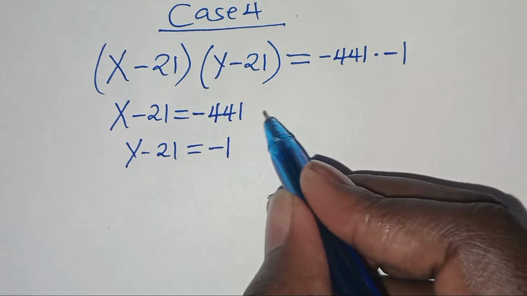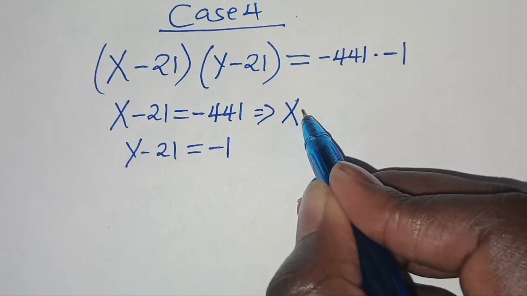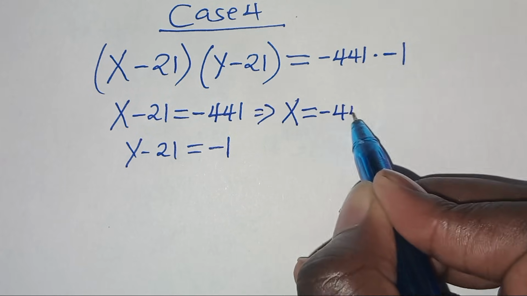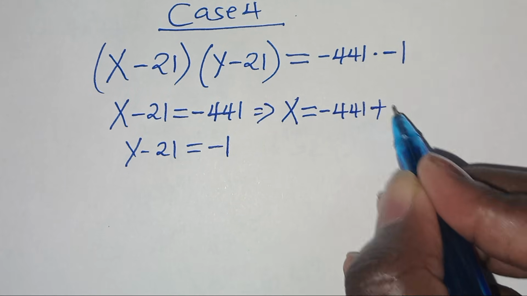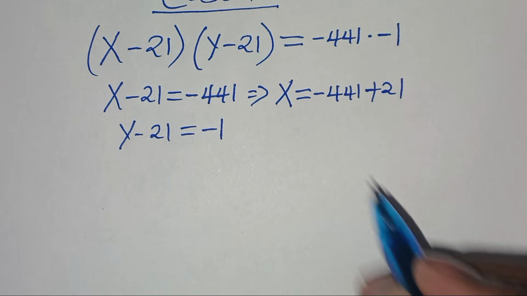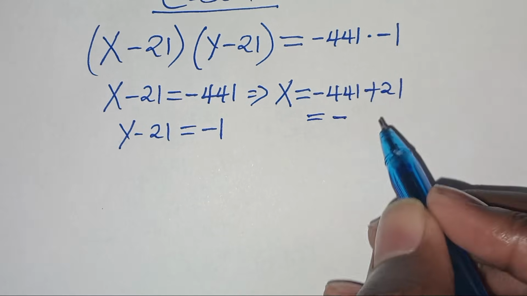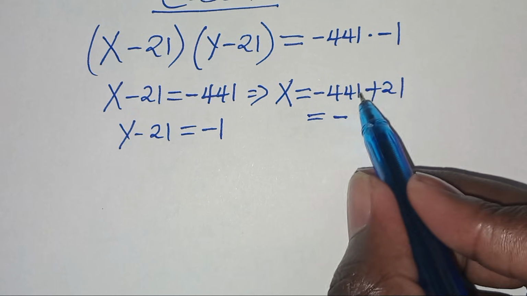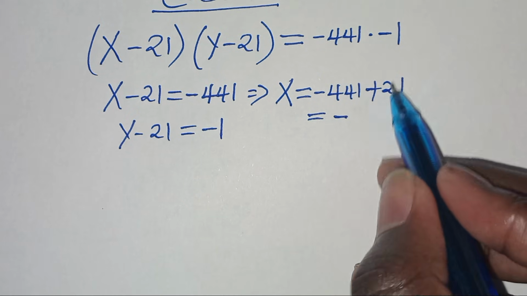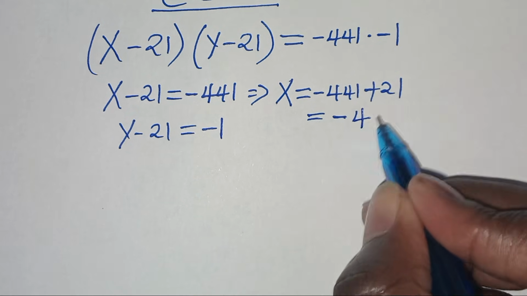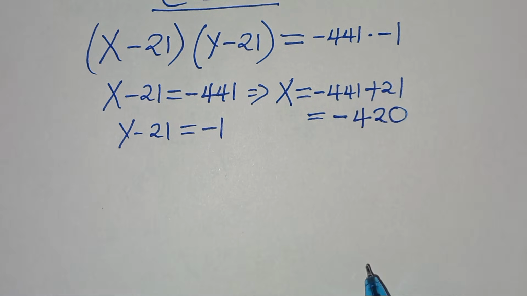So x is equal to minus 441 plus 21, which is minus 420.